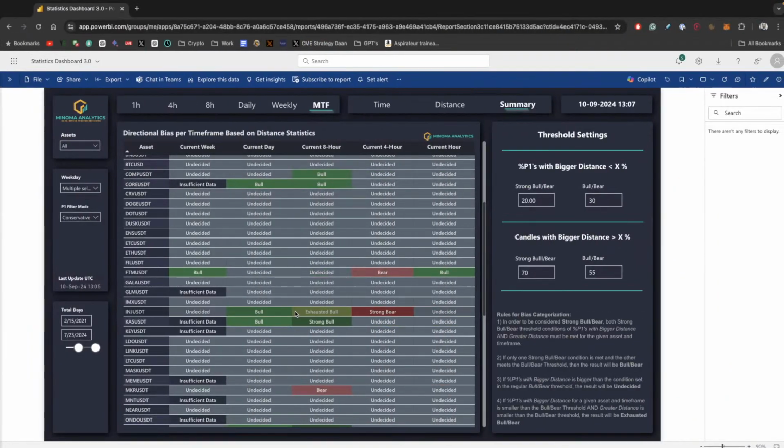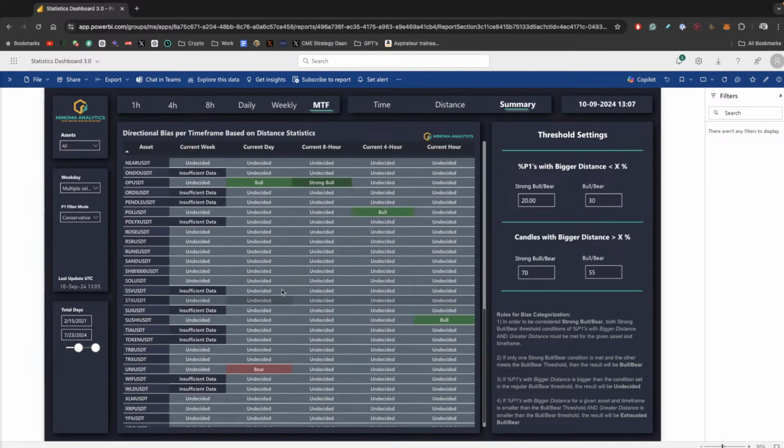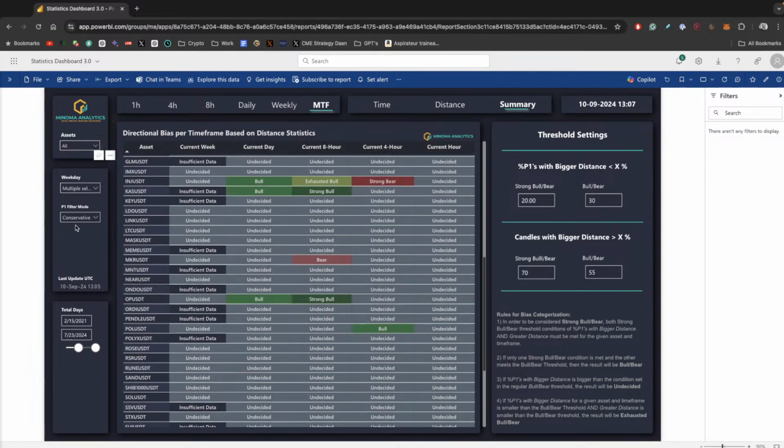But let's first start with the statistics. The reason I'm looking at OP is because OP has a bull and a strong bull signal, and if I press hybrid, then it is a strong bull signal on the daily and 8 hour. Hybrid simply means, well, not simply, I've discussed it at length last week and there's a tutorial, so I won't go over it in depth.